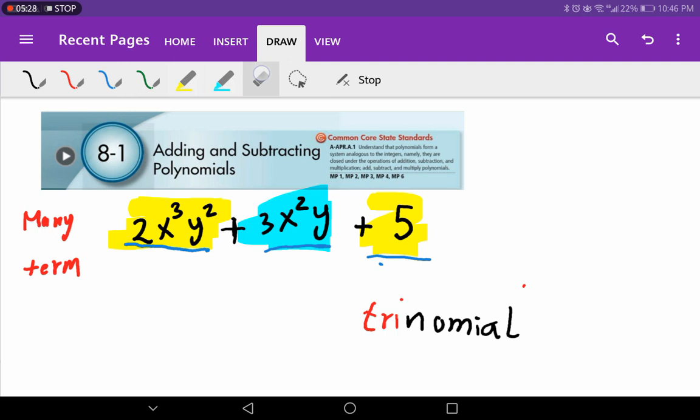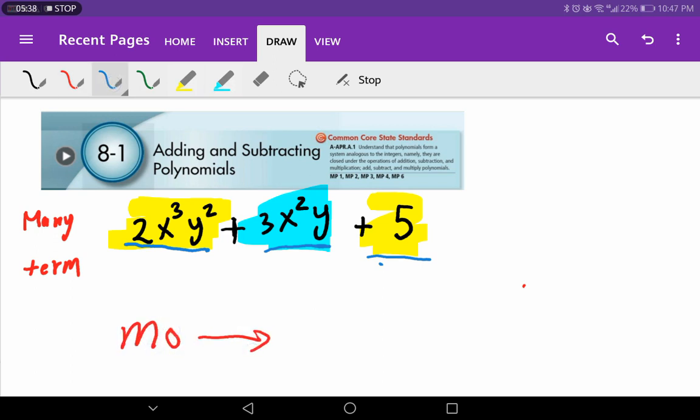So let us mention them again. If I have one term, it is a monomial. If I have two terms, I have bi.